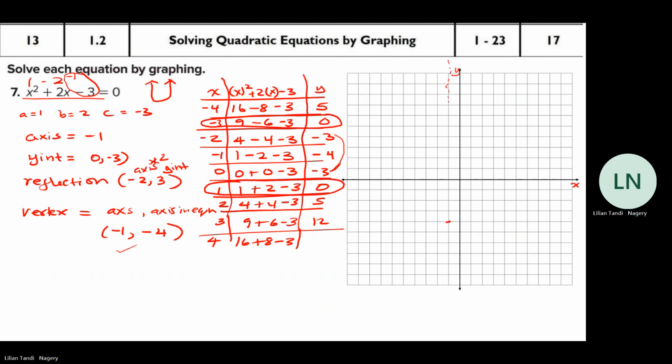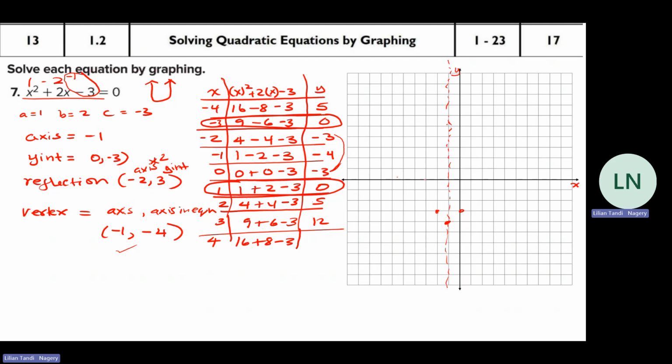So, -1. Then you put your vertex. Okay. Your y-intercept. Okay. Your reflection. Okay. Your solution. Your first solution was (-3, 0).